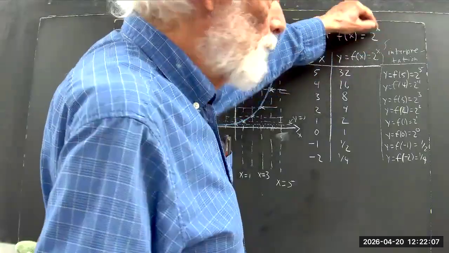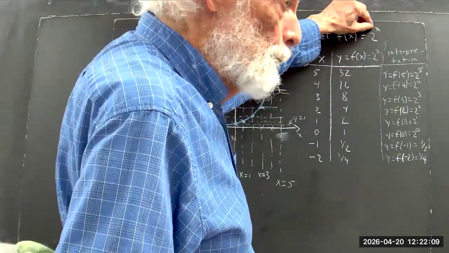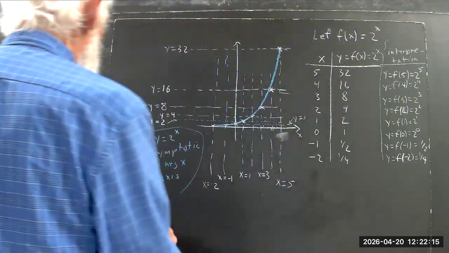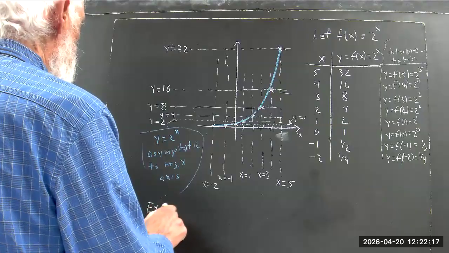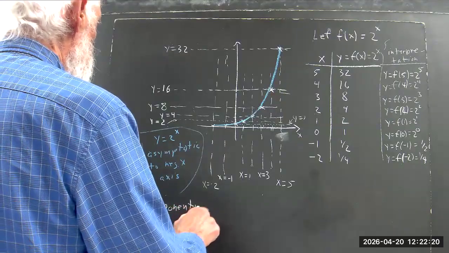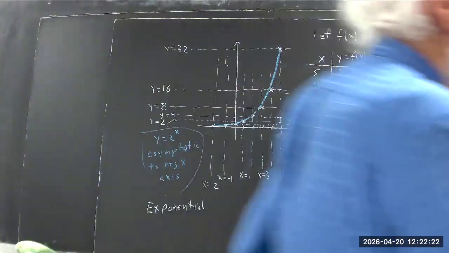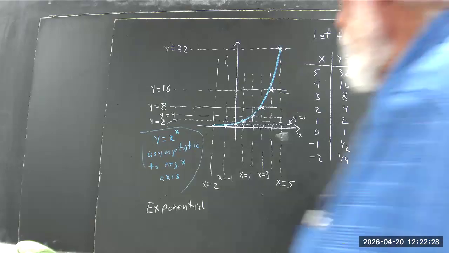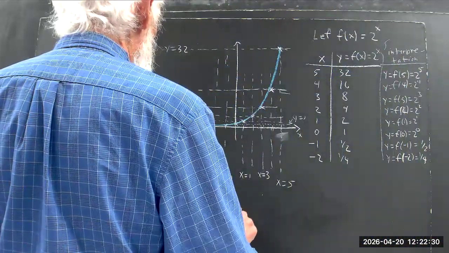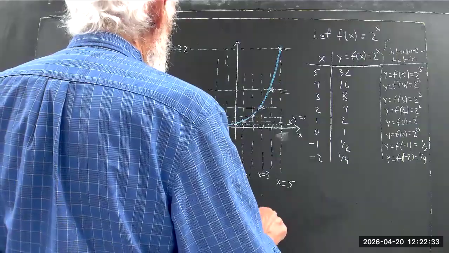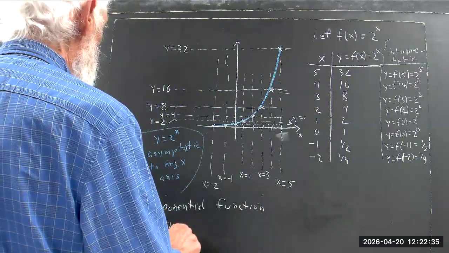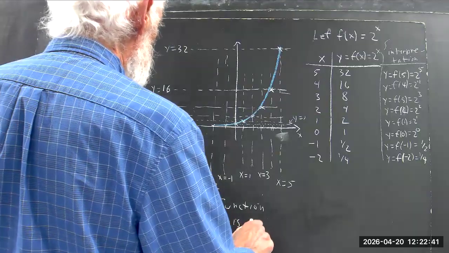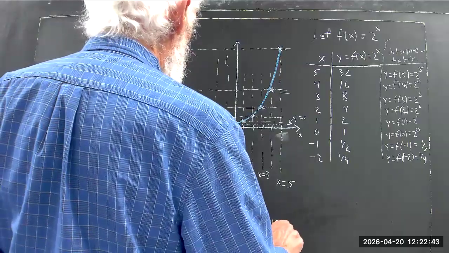It's called an exponential function because the variable x, the input x, is an exponent.